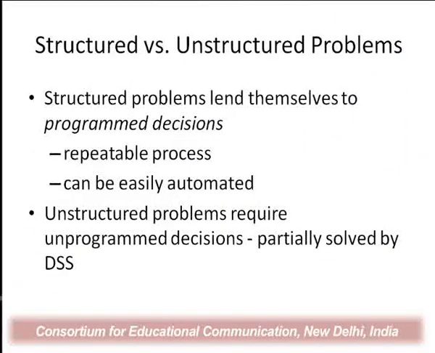First are structured problems and the next are unstructured problems. Structured problems lend themselves to programmed decisions. Programmed decisions are repeated decisions which can easily be automated, which are direct decisions for which there is no subjective element.